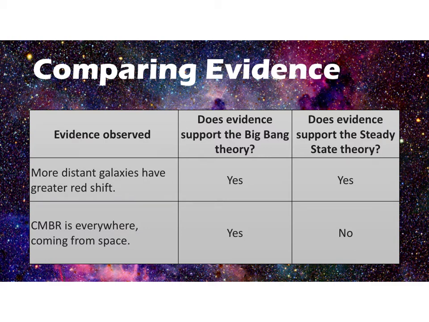And the evidence to support steady state theory is more distant galaxies have greater redshift, but CMBR is everywhere coming from space does not support the steady state theory, okay? So for the Big Bang theory, both evidences apply, but for steady state theory, only the redshift applies, the CMBR does not apply, okay?